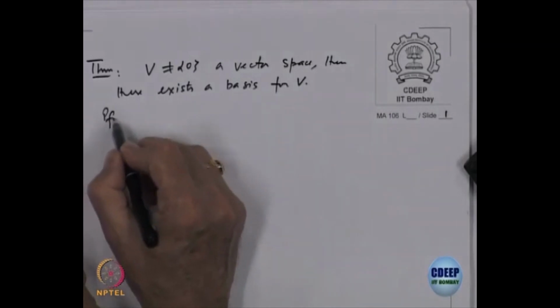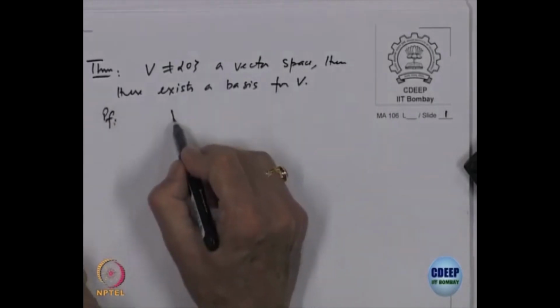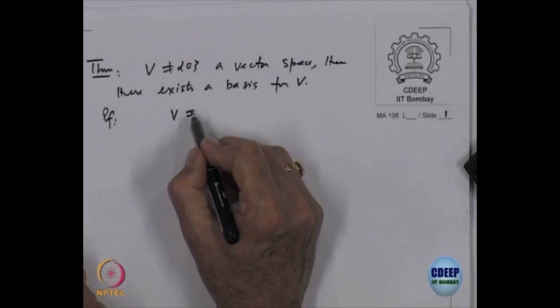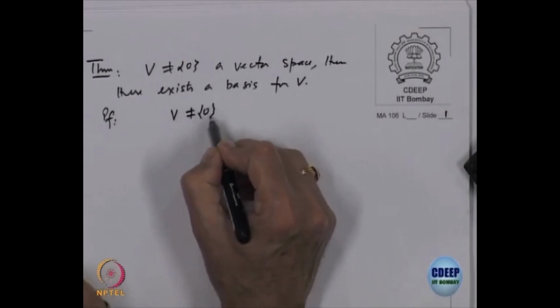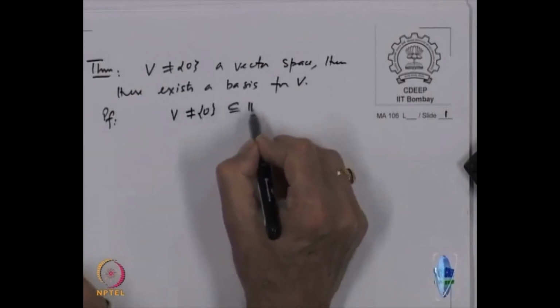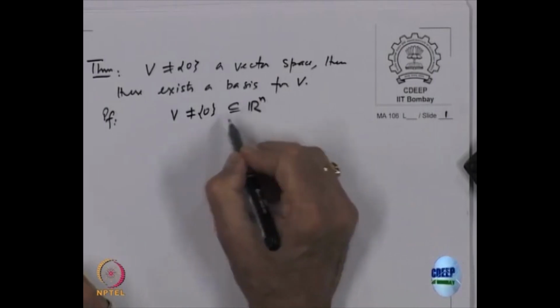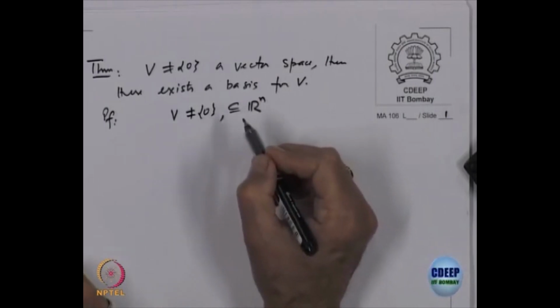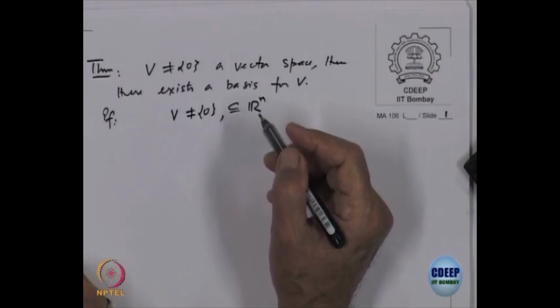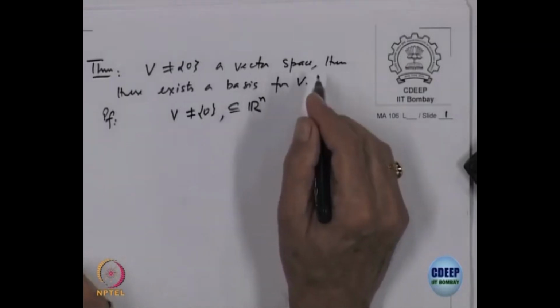So, let us look at a proof. V is not equal to 0 and V is contained in Rn. Right. So, we start with it as a set of generators.